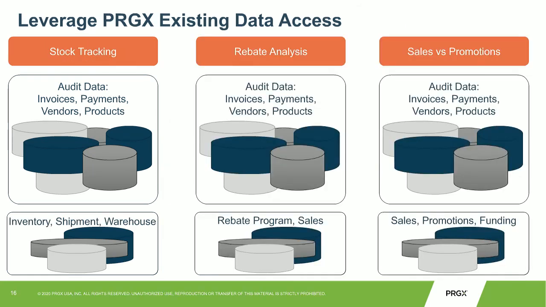And just to summarize how we continue to go down that analytics journey, these are some other examples of things that we can add on because we are able to continue to bring in additional information like stock data, warehouse data, product information, or rebate data, right?